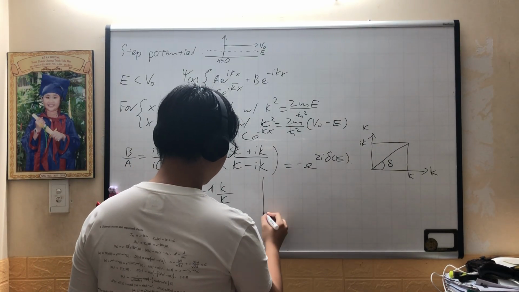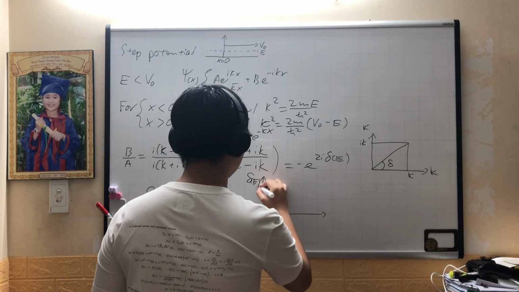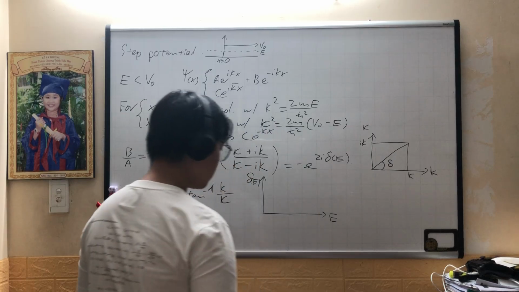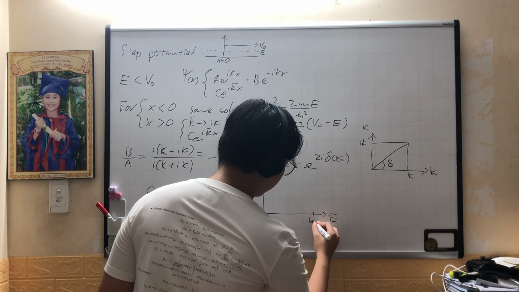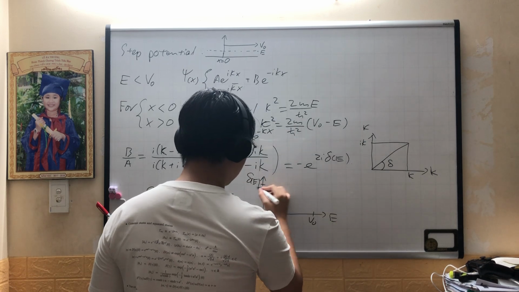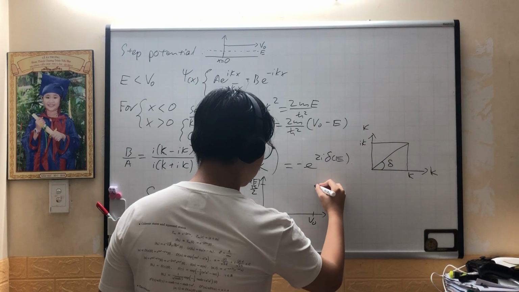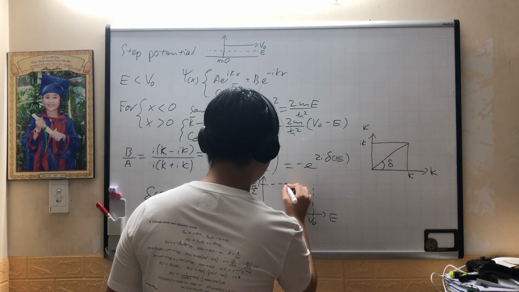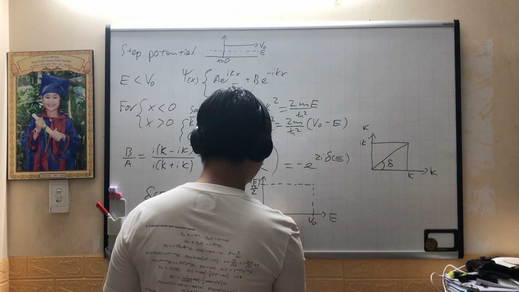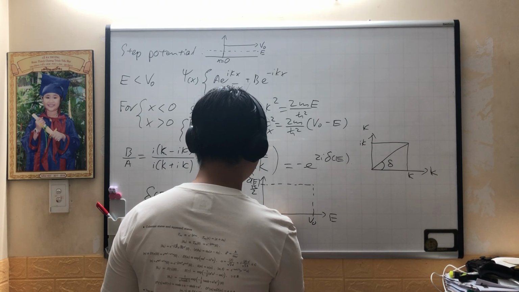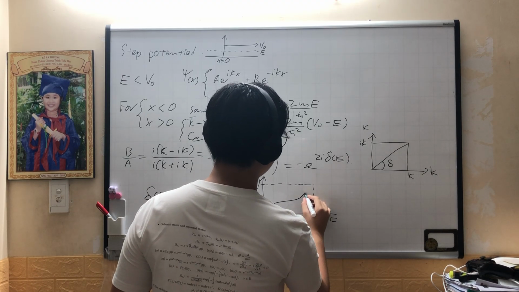So when you plot the graph of delta and E, the bound here would be V naught, and the bound here would be pi over 2. Just connect these, and it would look like some sort of sigmoid function. So it goes like that.